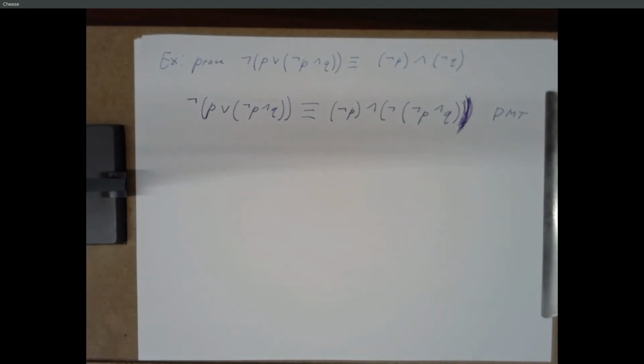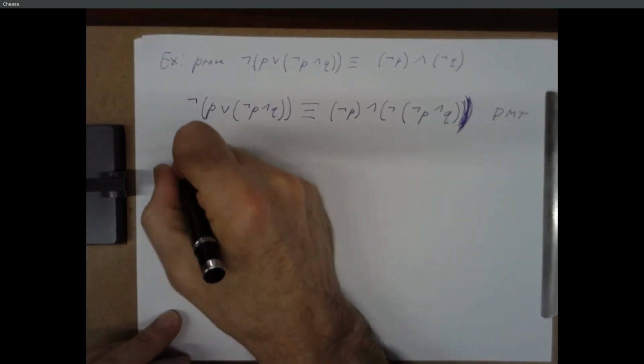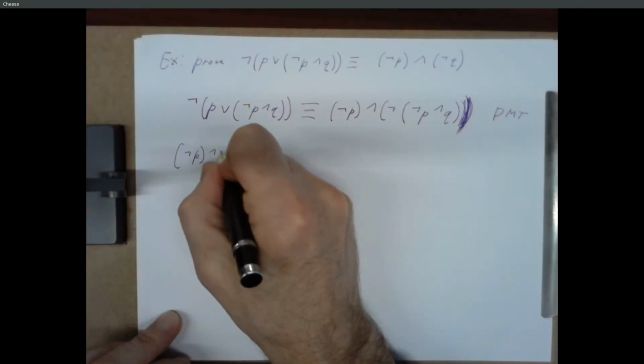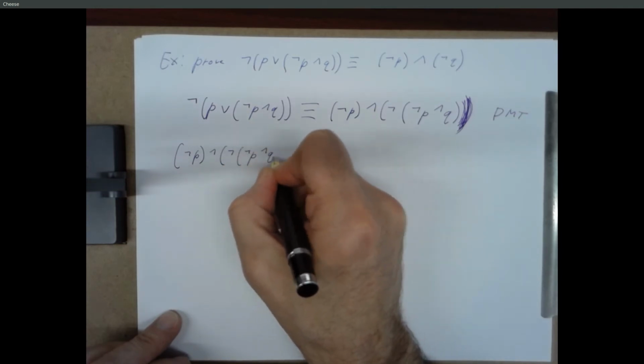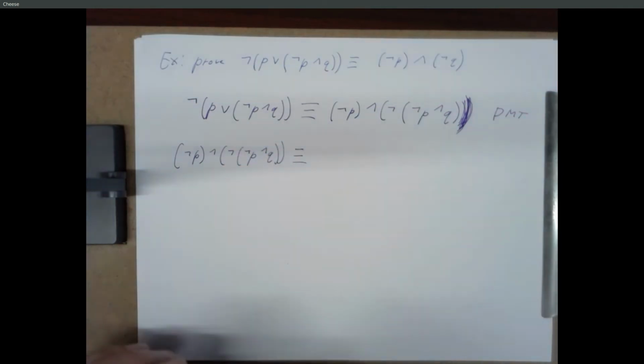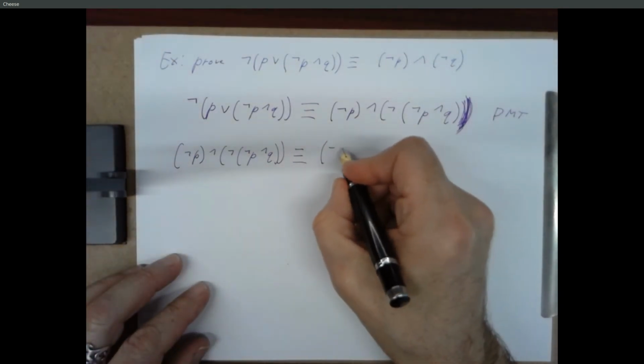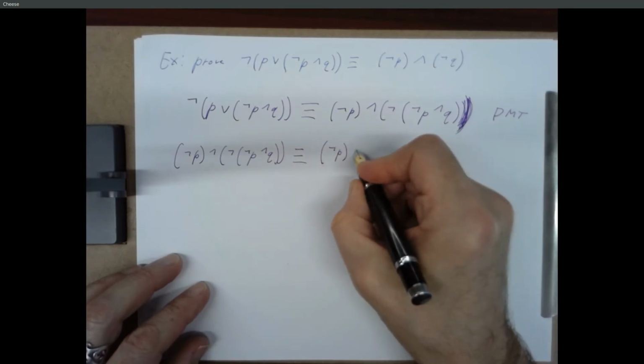All right, what can we do on that right-hand side to make it into something else? Do De Morgan again. We could do De Morgan on the right-hand side. So I'm going to leave this first term, this negation of P, alone.